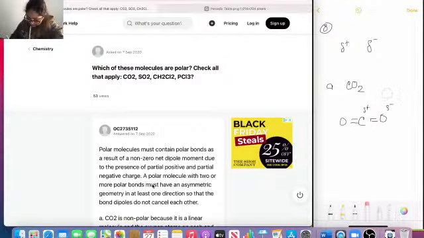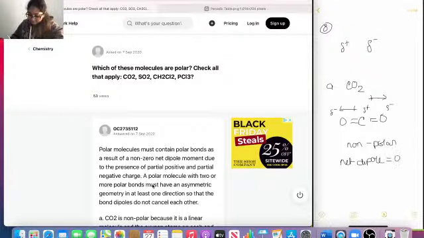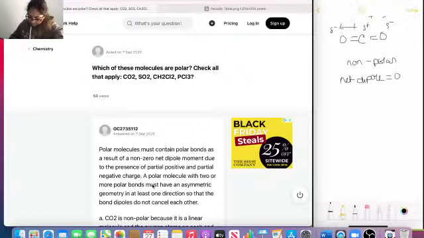The head tends towards the more negative, and the tail is more positive. So if you add these two vectors, you get 0, okay? And so this is nonpolar, since it has a net dipole equals 0.